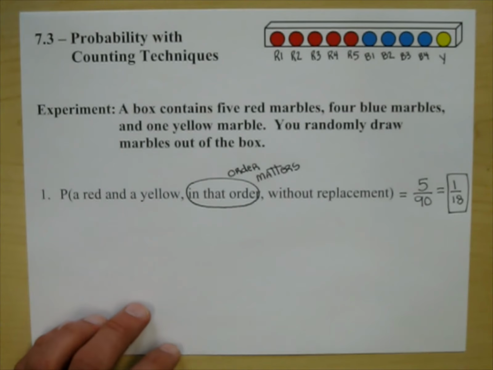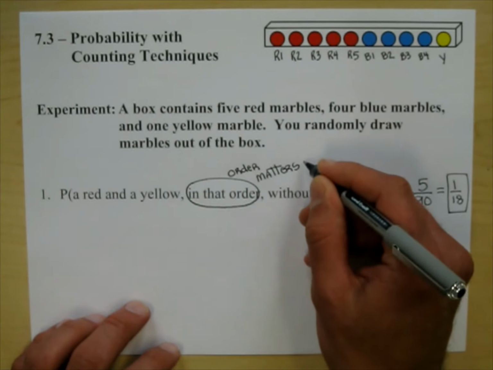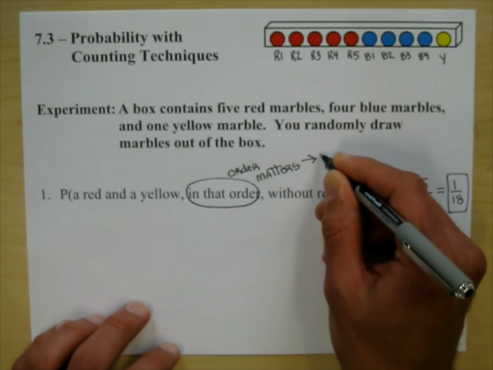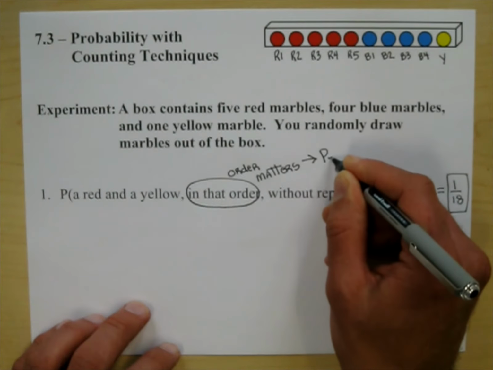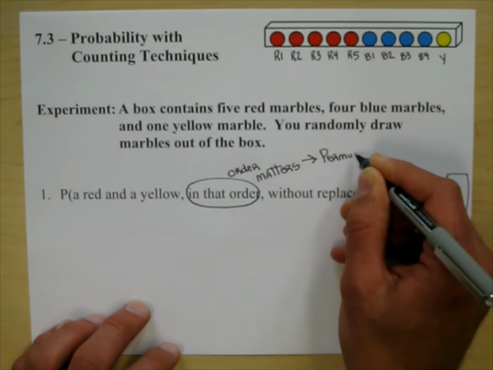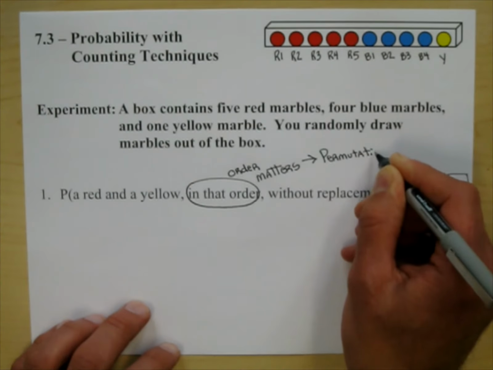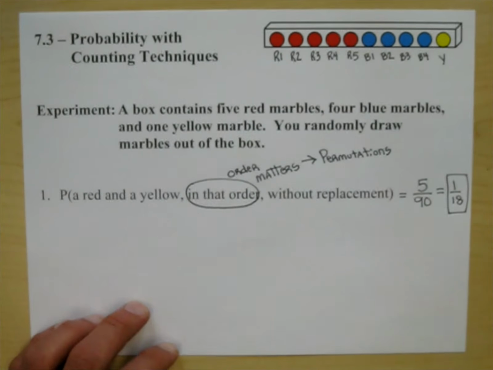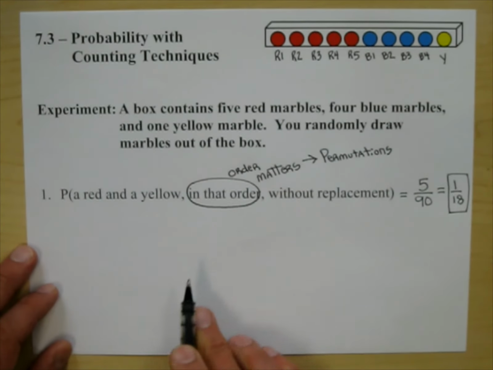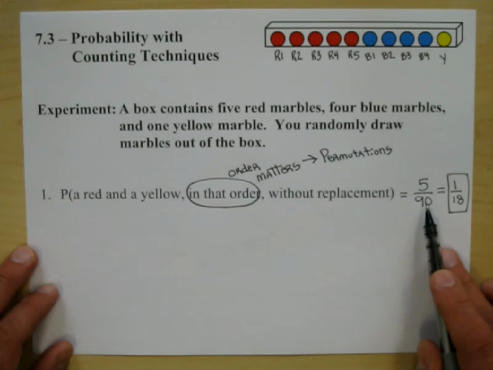And when order matters, that should bring up something: maybe you're looking at permutations. So let's take a look at this problem again and do it without drawing all 90 possibilities.